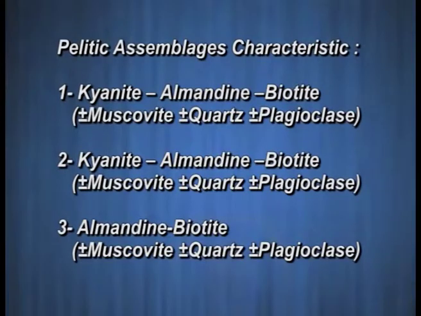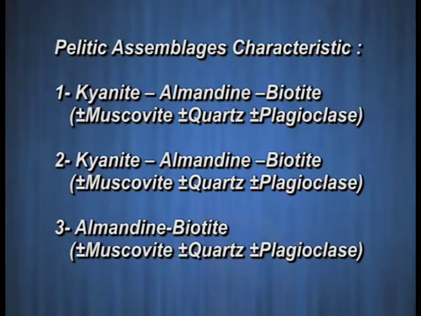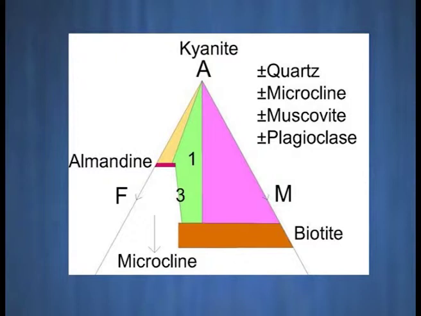Second is almost the same as in the staurolite zone, and third is almandine, biotite, muscovite, plus or minus quartz, plus or minus plagioclase. Other assemblages are the same as the staurolite zone mentioned already, that is your basic, calcareous and ultramafic.